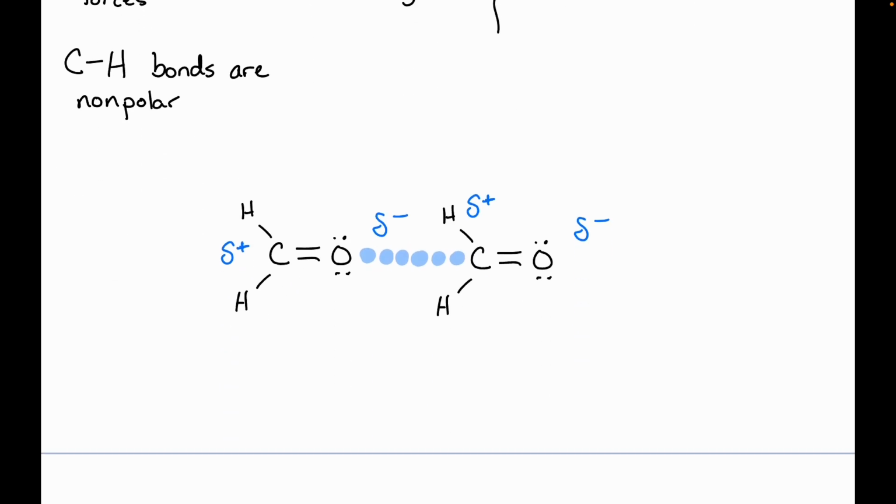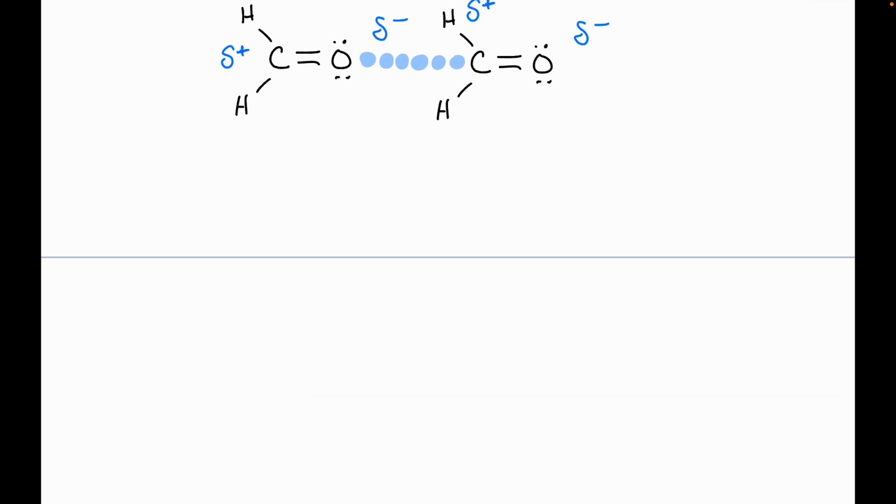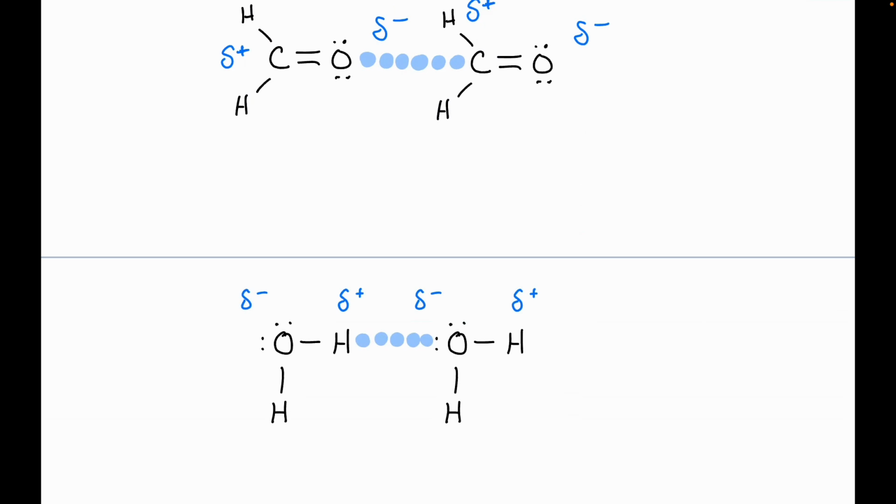Okay? So if we just want to look real quick, it's going to look very similar to our dipole-dipole interactions. The classic example of a molecule that exhibits hydrogen bonding would be water. If we take a water molecule, it's got that polar bond, so it's got a partial negative charge on the oxygen and a partial positive charge on the hydrogen. And if we have a neighboring water molecule, the partial negative end of one will align itself with the partial positive end of the other.